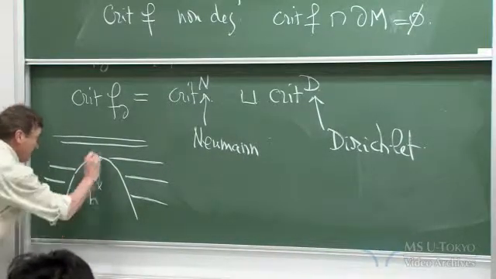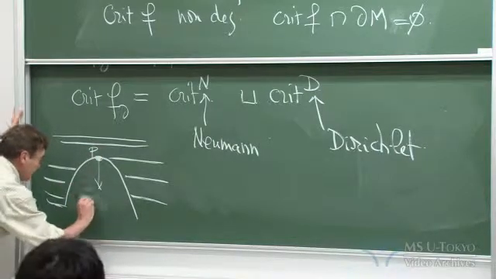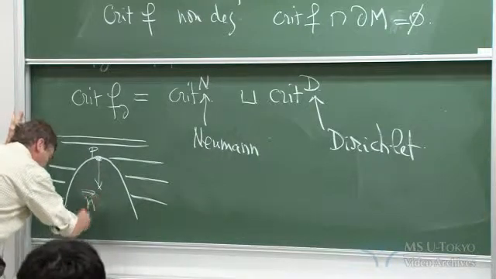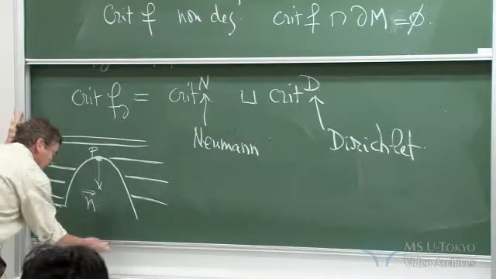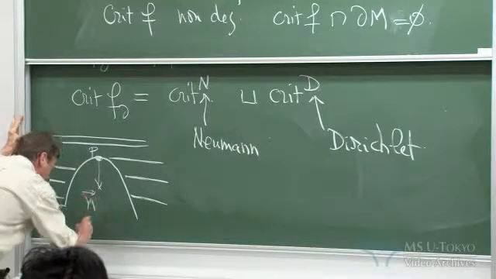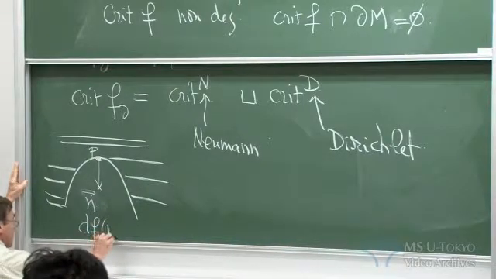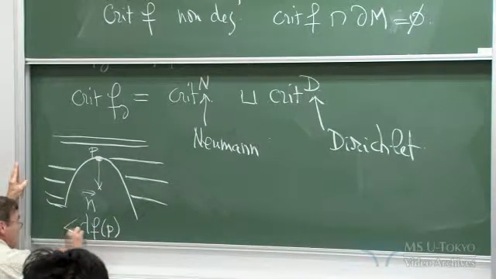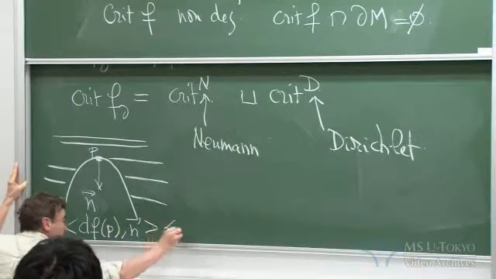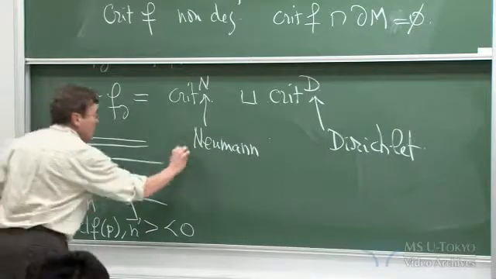If you look at the normal pointing outwards, you have this property: the differential of f at P evaluated on this vector is negative. That is the picture for Neumann.